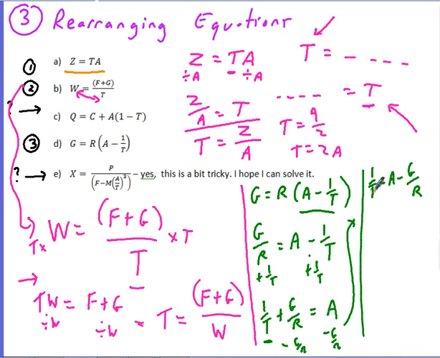Only thing is, we've got 1 on T, we want T. Anytime you've got the thing you're looking for on the bottom of a fraction, you can just, what we say, invert both sides. So rather than 1 on T, we're going to write T. But if we invert this side of the equation as well, we're going to put 1 on that whole side of the equation. A minus G over R. That's all we've got to do.